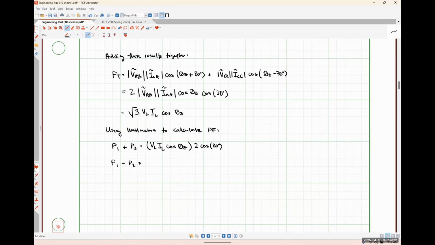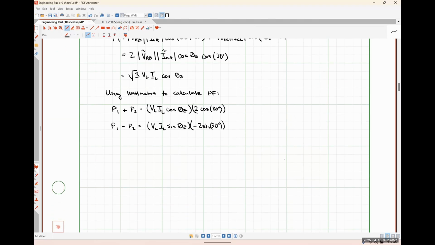If I take the difference of the reading of my 2 watt meters, and again, I'm not going to bore you with the trig identities, this actually comes out to be VL IL sine theta z times a factor of -2 sine 30 degrees. And so what I could do is I could take the ratio of these two mathematical operations, right?